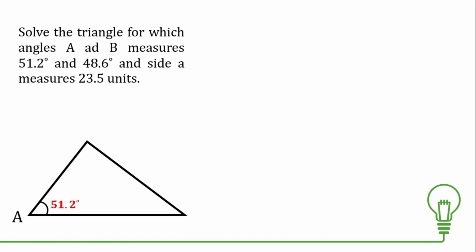Okay, suppose we have here the oblique triangle wherein angle A measures 51.2 degrees and angle B measures 48.6 degrees, wherein angle C is unknown, and then we are also given side A. Side A is the side which is opposite to angle A. That is why nandito siya. So we have a equals 23.5 units, and then we still need to look for side b and side c. Okay? So ito po yung problem natin.